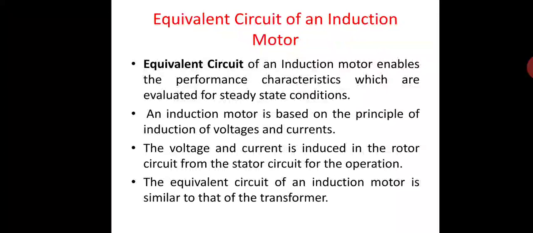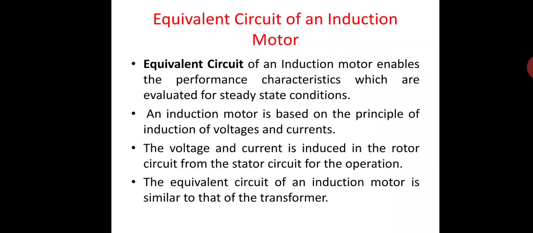Why is the induction motor called a rotating transformer? Because there is a relation between the transformer and the induction motor: the induction motor operation is similar to that of the transformer.